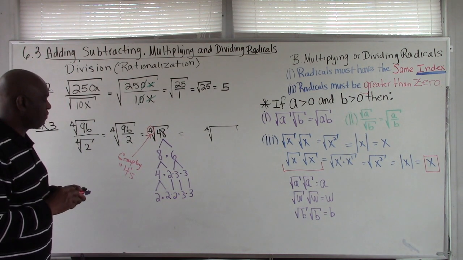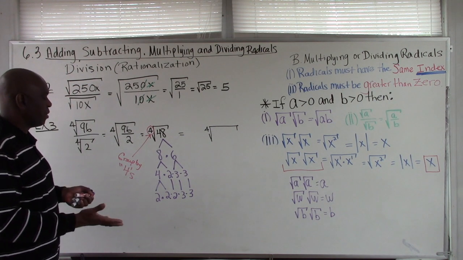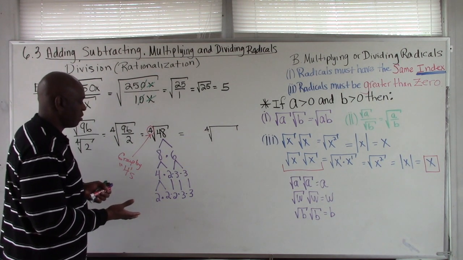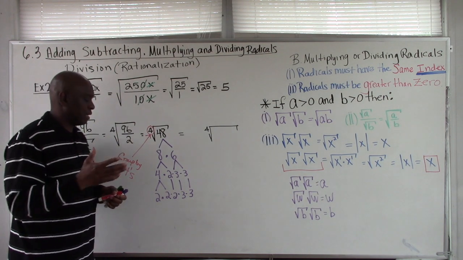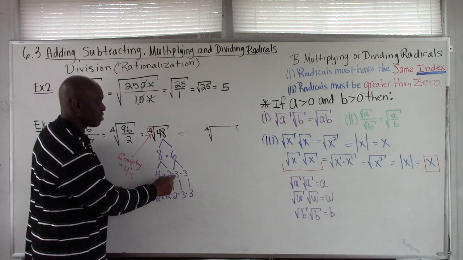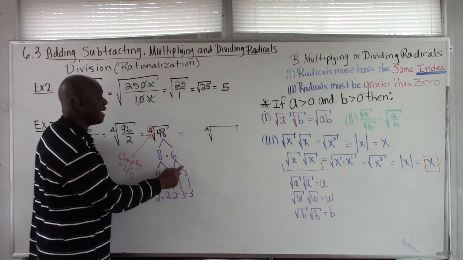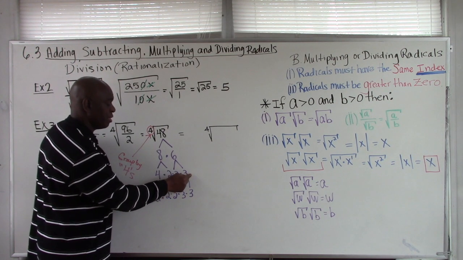Uh-oh. It appears to me there's nothing here to group. Oh, I made a mistake. That's why. Because 3 times 3 is not 6. 3 times 3 is 9.